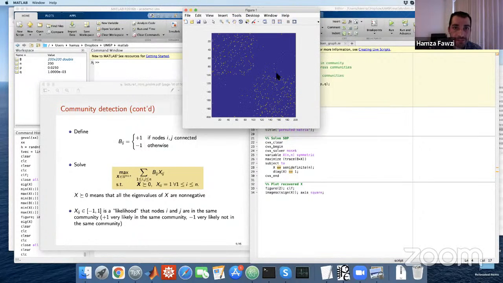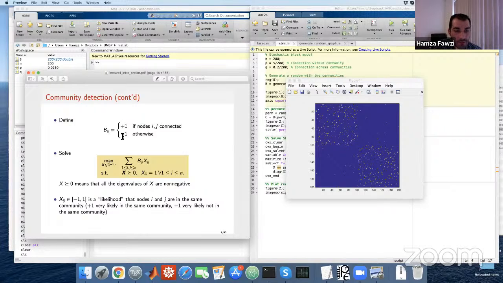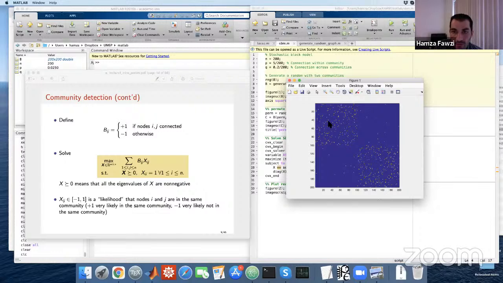This is the matrix B. What you see here is the matrix B that is on the slide. The first community is nodes 1 up to 100, and the second community is nodes 100 up to 200. Whenever you have a yellow, this means that you have an edge between two nodes.